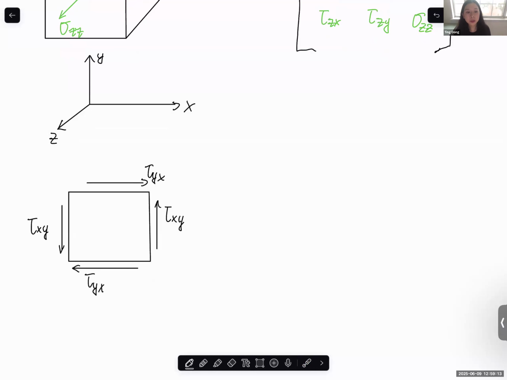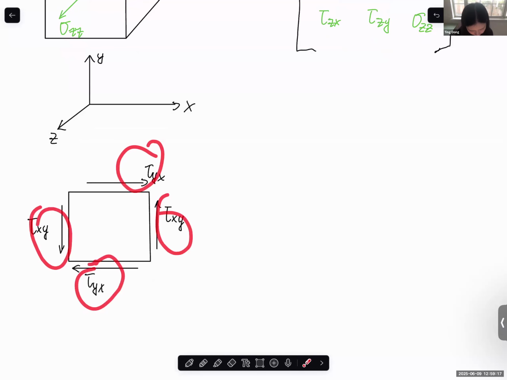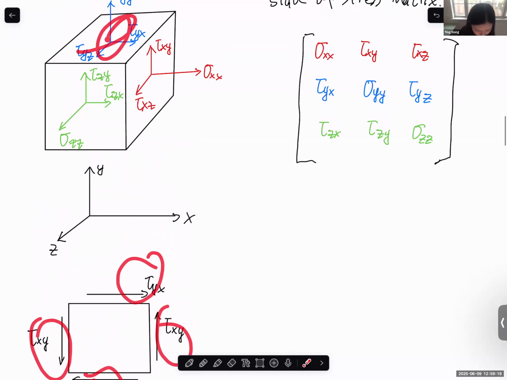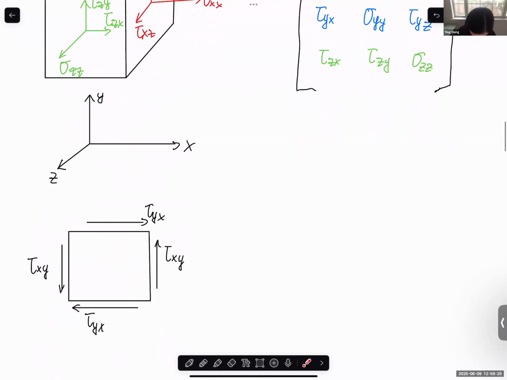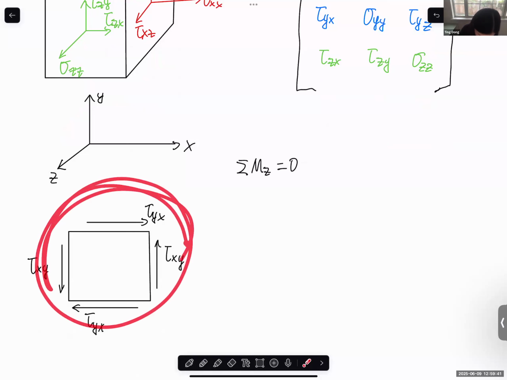Since it's in equilibrium, this shear stress, if we only check this plane, the bottom and the left side, should not rotate the small cube. So there should be a moment equilibrium equation. Let's check the moment about the z-axis equal to 0, so it should not rotate on this plane.